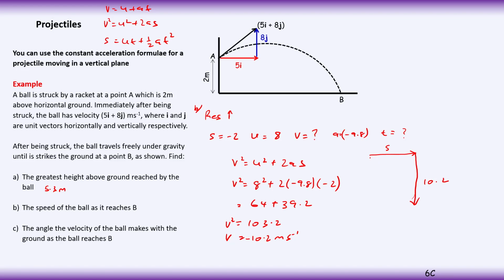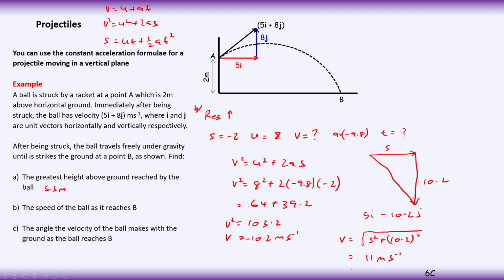So the speed as it hits the ground is a combination of both of those. So it'd be 5i minus 10.2j. The magnitude of that, V, is going to be equal to the square root, by Pythagoras, of 5 squared plus 10.2 squared, which is 11 meters per second.